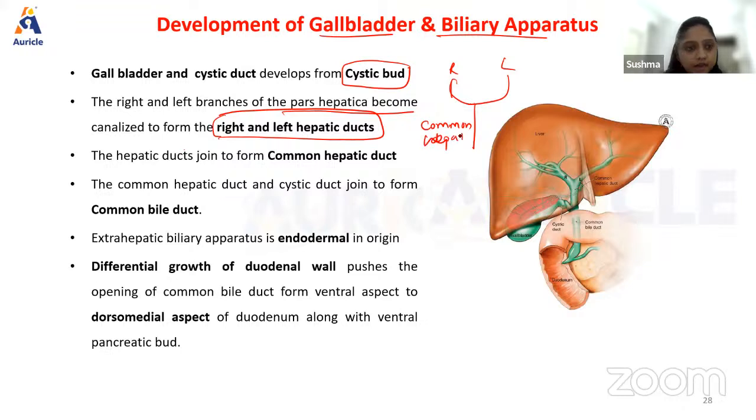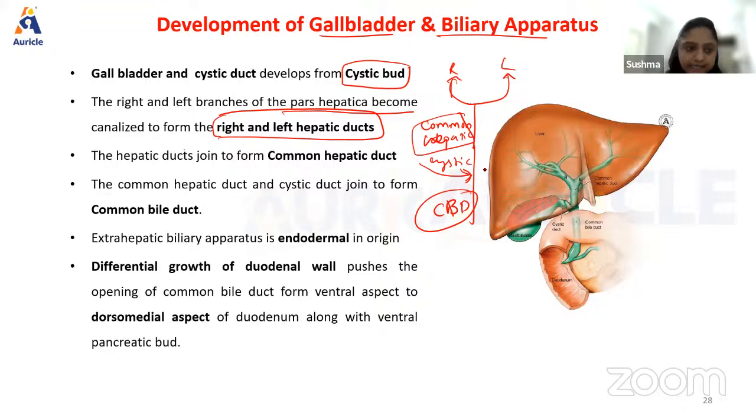The common hepatic duct is joined by the cystic duct to form the common bile duct, which is called CBD. What is the concept here? Right and left hepatic ducts join together to form the common hepatic duct. The common hepatic duct is joined by the cystic duct to form the common bile duct. The cystic duct brings the bile from the gallbladder.